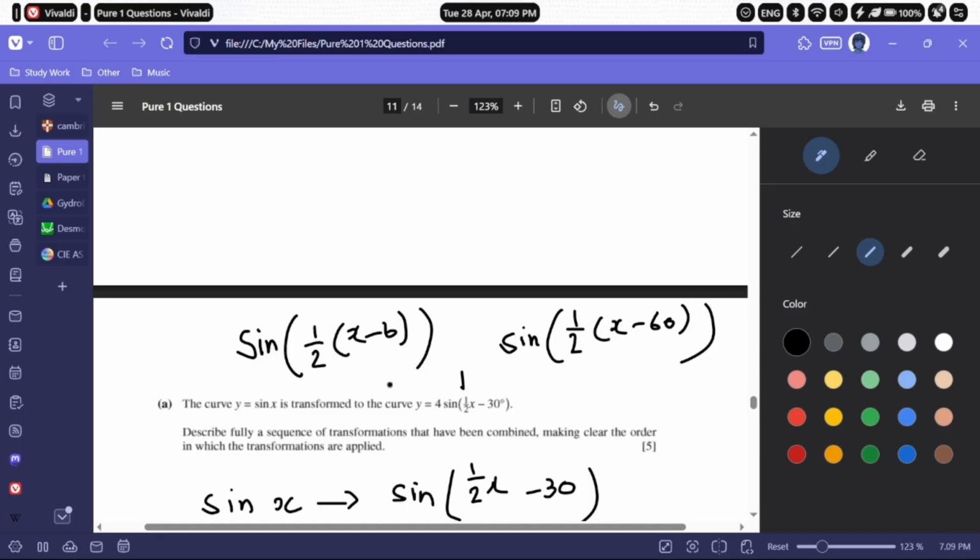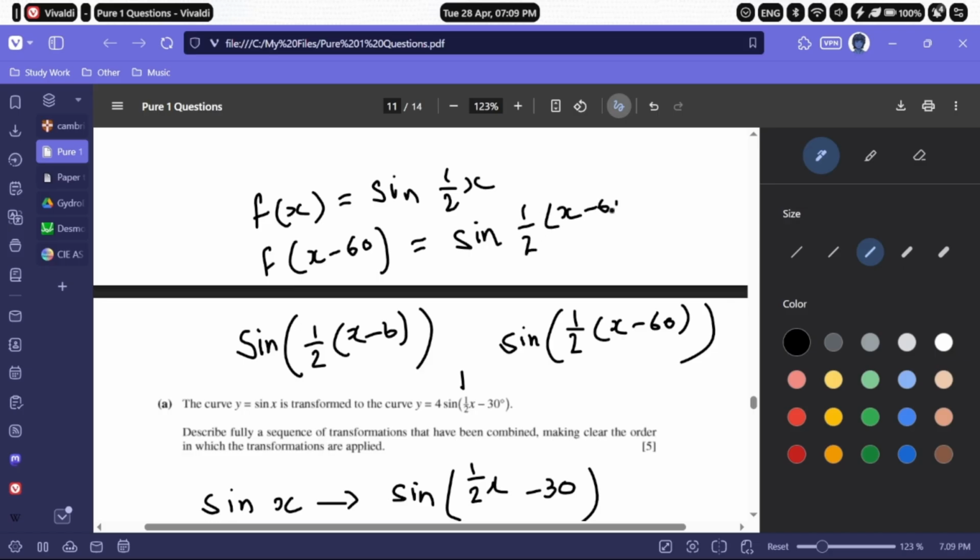Now, when you cause it to shift horizontally, let's say in this case by 60 to the right, f of x is sin 1 by 2 x, so you're basically doing f of x minus 60. That's your new transformation. That's why you can think of it as sin 1 by 2 (x minus 60).